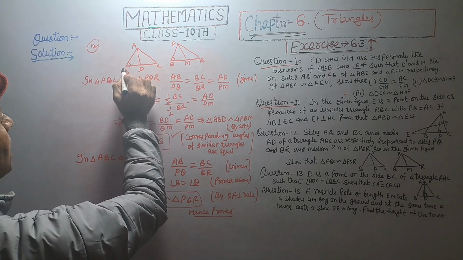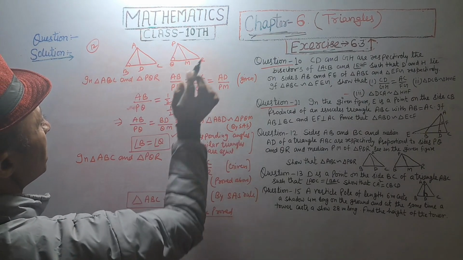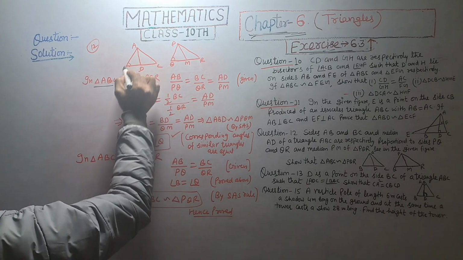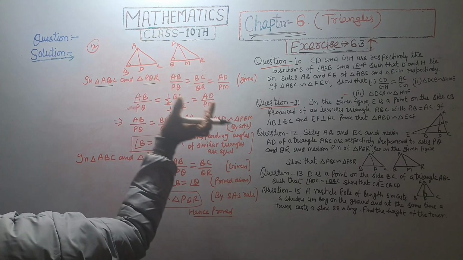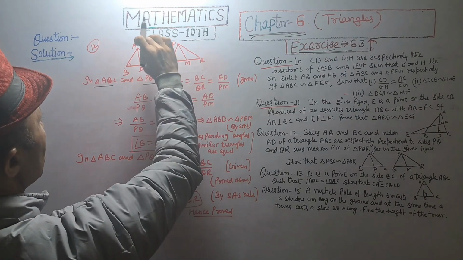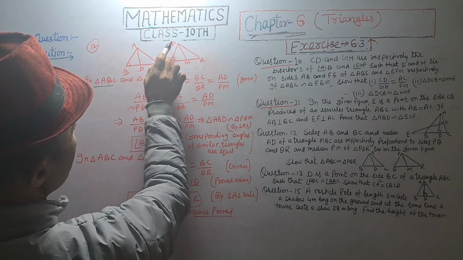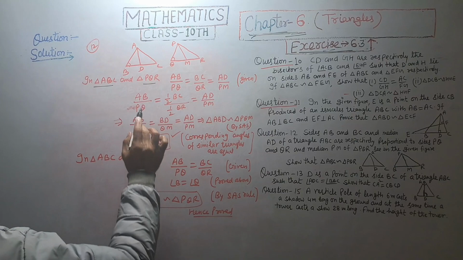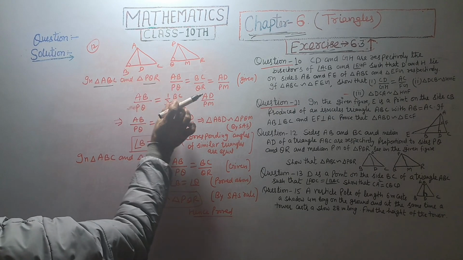In triangle ABC and triangle PQR, AB upon PQ is equal to BC upon QR is equal to AD upon PM, it's given.